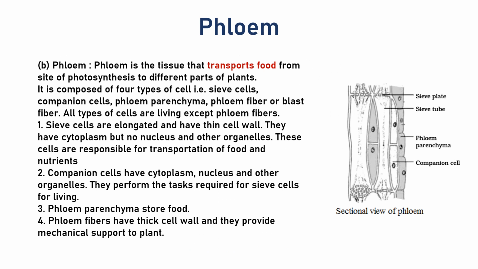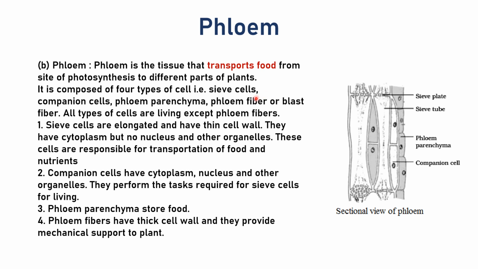Now coming to the phloem. Phloem is the tissue that transports food from the site of photosynthesis to the different parts of the plant. We have discussed this before. It is composed of 4 types of cells, but in your book they have given 5 types of cells because sieve cells and sieve tubes are both given.